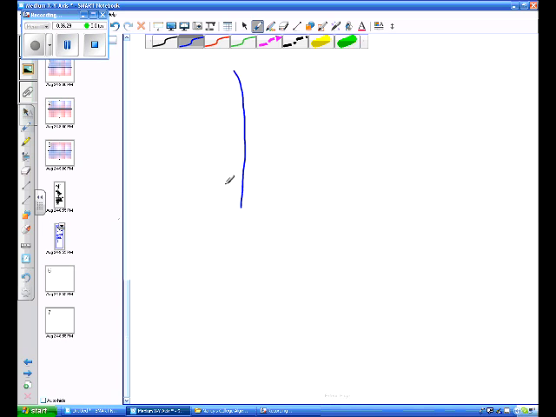Let's say we have as our graph something that looks like this. Okay, so that's -2 there. So in this case, our graph is increasing from -infinity to -2.